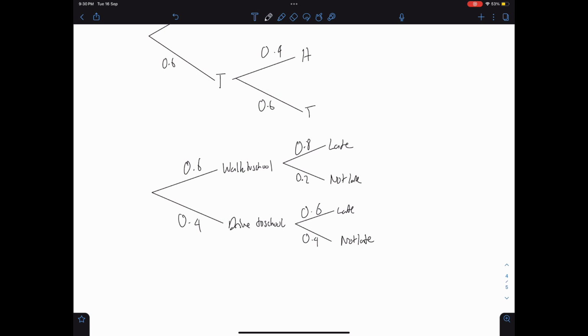It would be crazy to say, okay, well then you go 0.6 times whatever that is to get the probability of being not late when you walk to school, because you're factoring in part of the probability that involves driving to school. So that's why it will not obey that rule of P(A) times P(B) equals P(A intersect B).